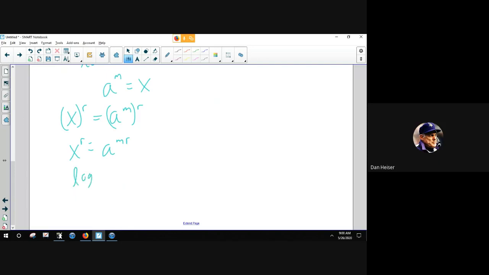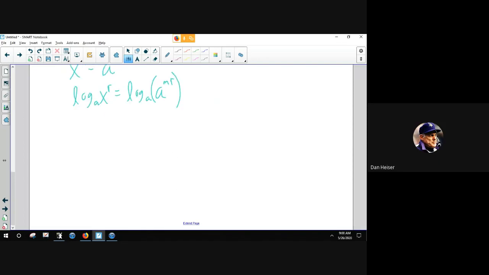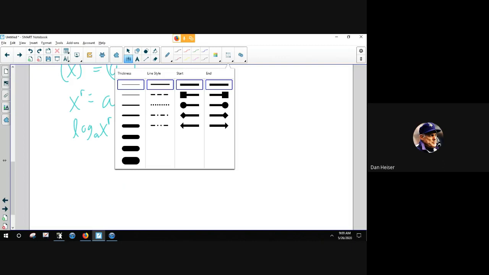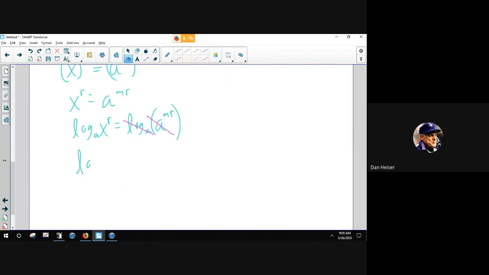Take the log base a of both sides one more time. Cancel log base a with a. Well, oh, why are you doing that? Log base a x to the r.